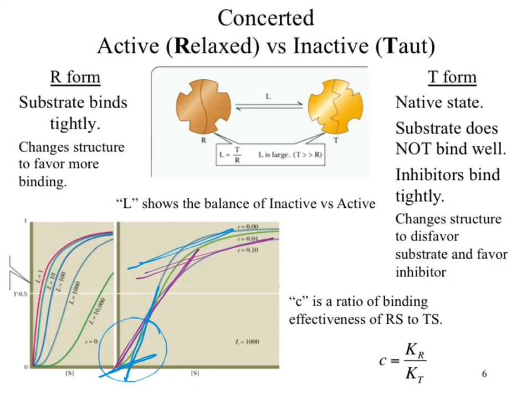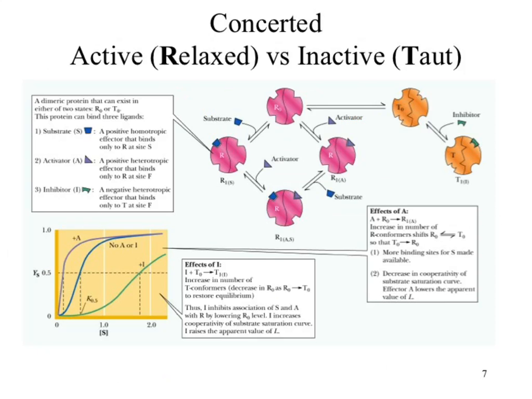Okay. So the better graph of this is when we zoom out a little bit further, and instead of looking at just our R and our T states, which is what we just looked at, if we bind our substrate, what ends up happening is we shift out of that R state.